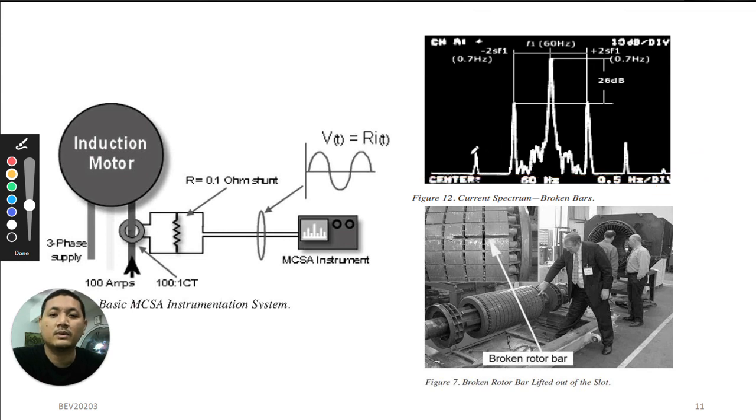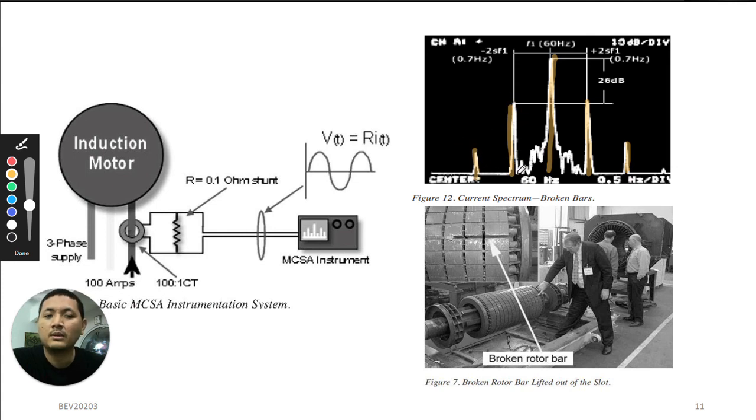So we can see that this single signal in time domain is actually a combination of multiple signals, for example 60 Hz, and then let's say 60.5 Hz, and then 61 Hz, and then 59.3, 59 Hz.